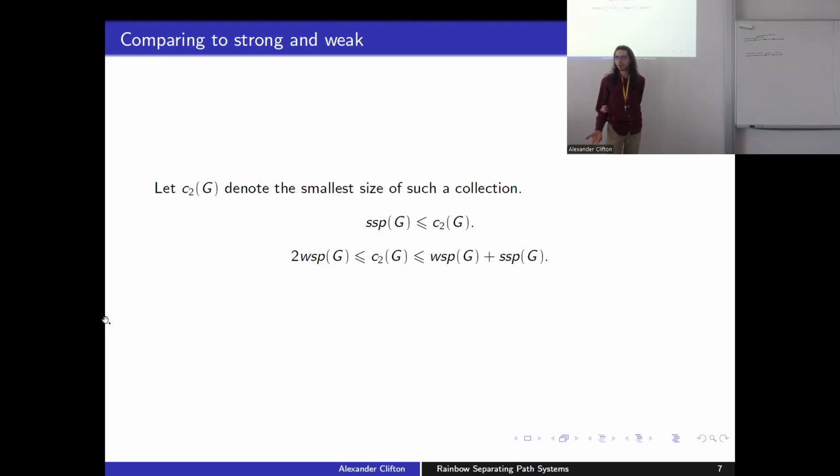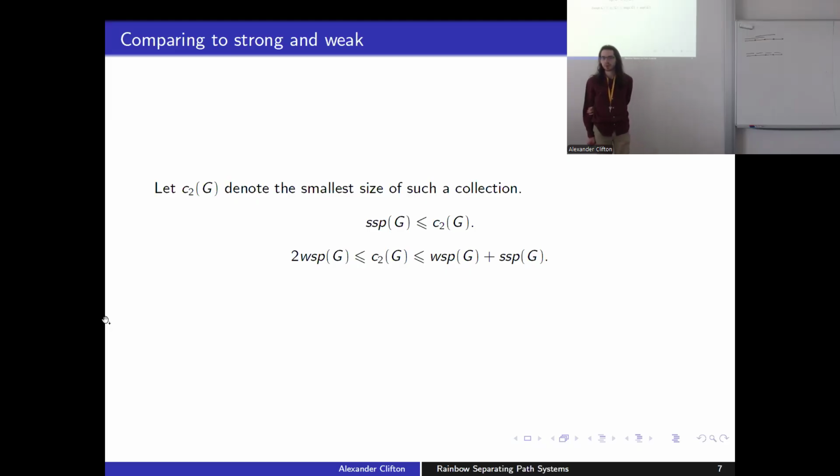So I'll say that C2 is the minimum size of this red-blue separating system, and C2 is bounded below by the size of strong. The other important observation is that if I just look at the red ones, they form a weak separating system. And if I just look at the blue ones, they also form a weak separating system. So C2 is bounded below by twice the size of weak.